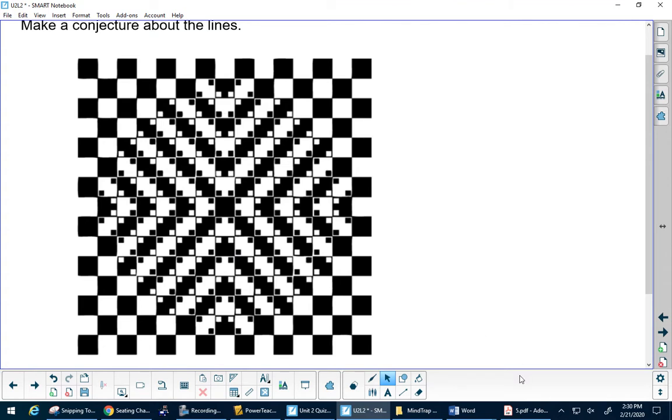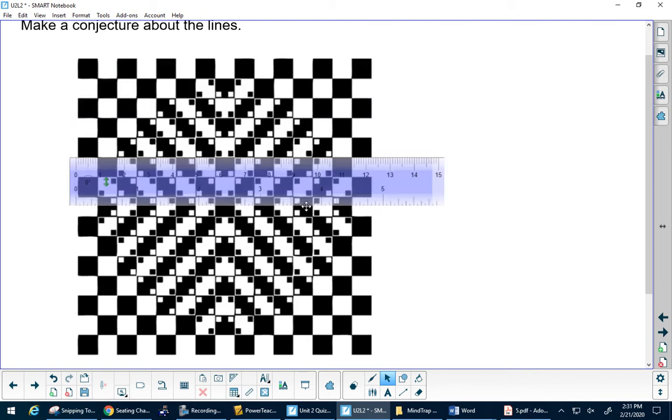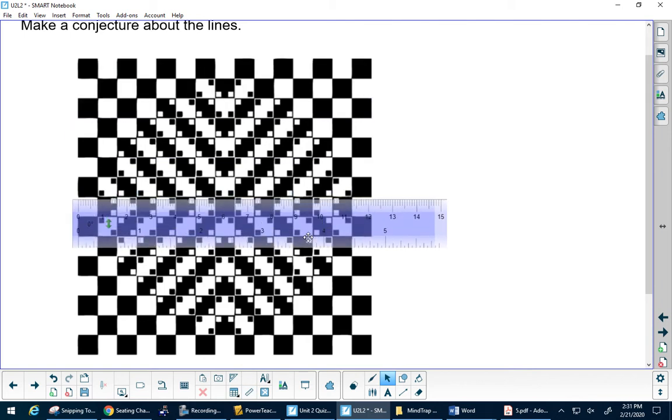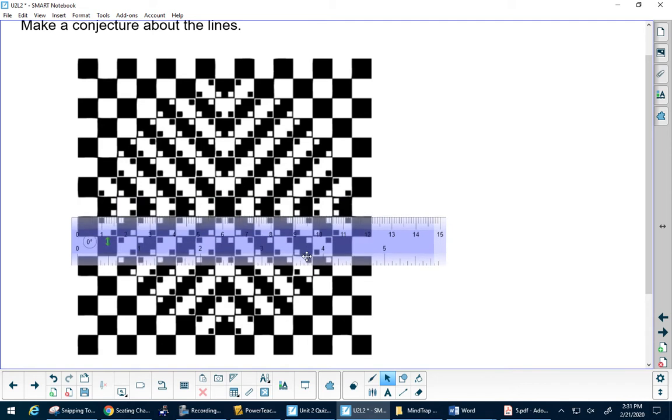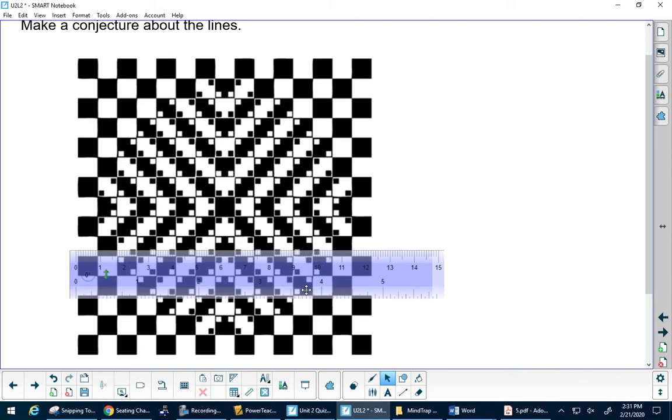Or are they straight? It looks curved to me when I look at them, right? But again, if I was to bring a ruler up here, look how straight the lines are. Yeah, it's messing with your head, man. That's what I'm trying to do.